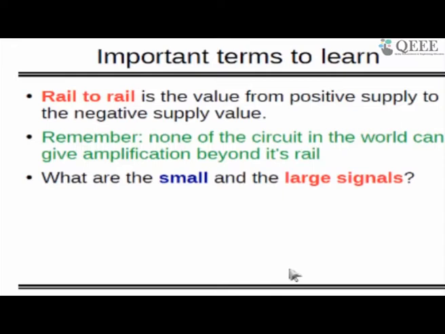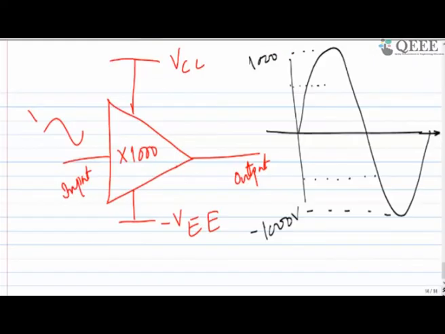The meaning of that is you cannot go beyond the rail. So let's say this VCC is equal to 15 volt and VE is equal to minus 15 volt. You cannot go beyond this, and your output will look like this.